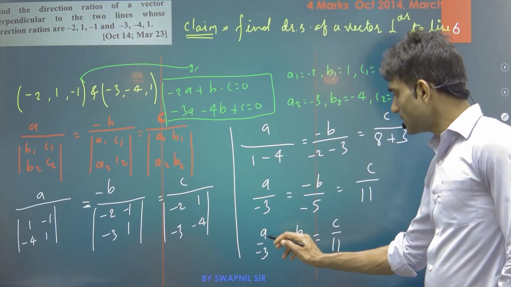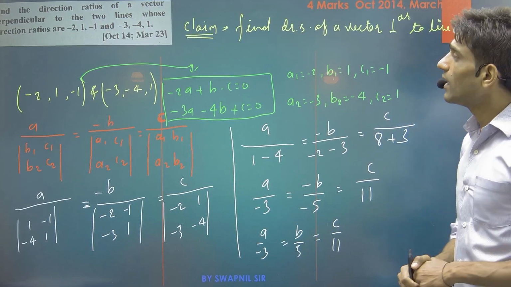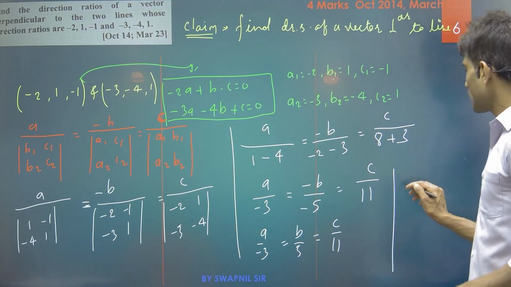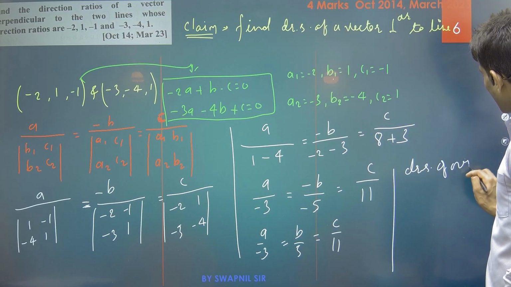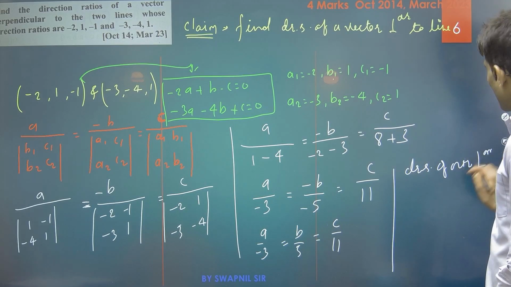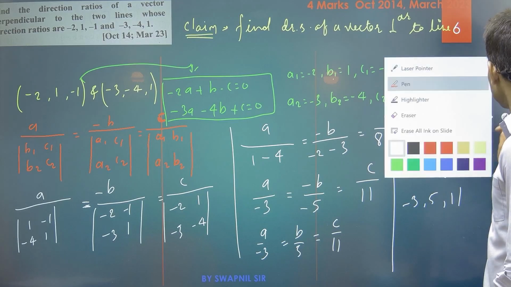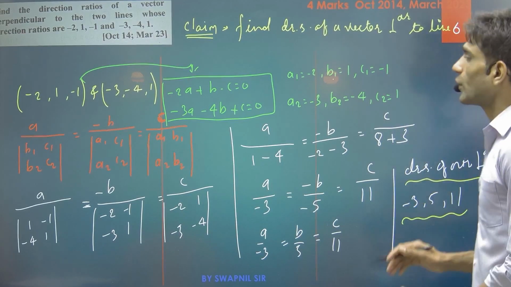That means the values minus 3, 5, and 11 define our required direction ratios for the line. So the direction ratios of our perpendicular line are minus 3, 5, and 11. This one is our required answer here, the direction ratios for our perpendicular line.